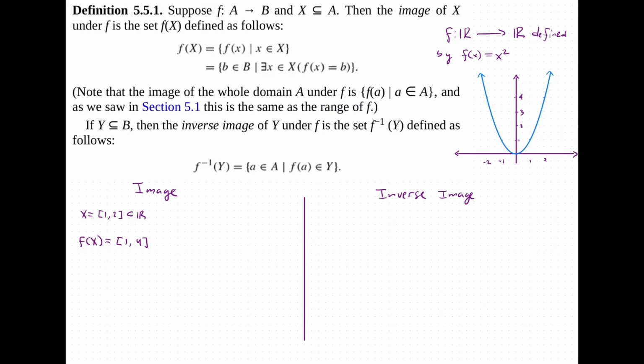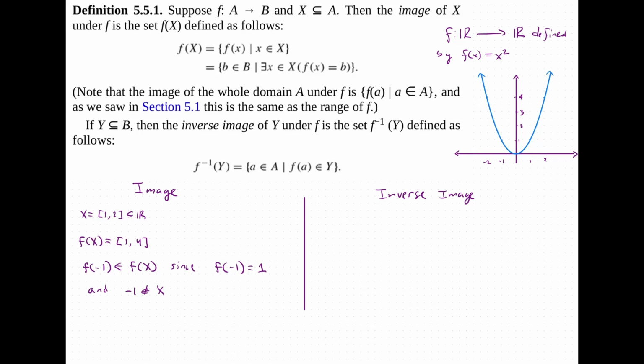Because now we can see that f of negative 1 is in f of capital X, since f of negative 1 is equal to positive 1. But negative 1, of course, is not in our set X, since we're only looking at that interval [1, 2].